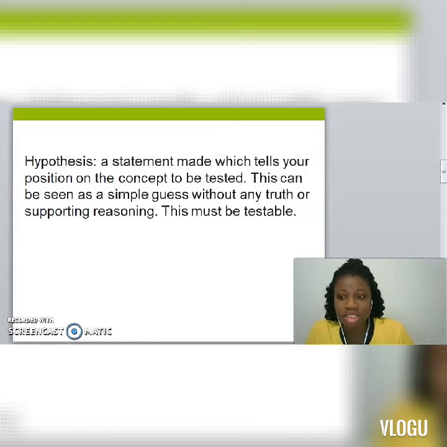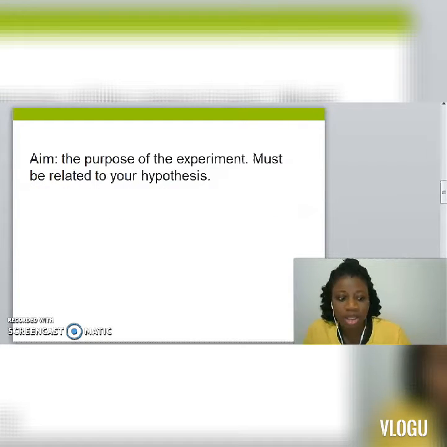So you are guessing which product would be best in this case. Since we are testing whether the Crest or the Colgate toothpaste has a better cleaning effect on your teeth, your hypothesis could be the Crest will have a better cleaning effect on the teeth, or the Colgate brand cleans teeth better.